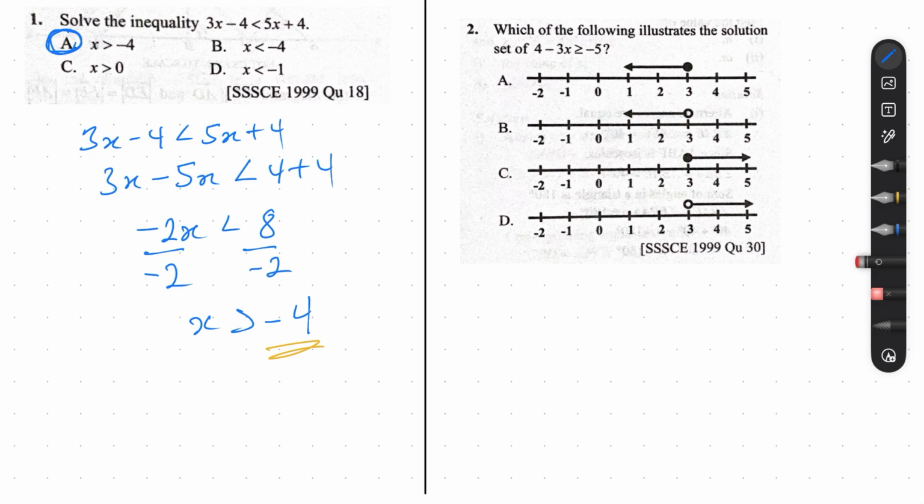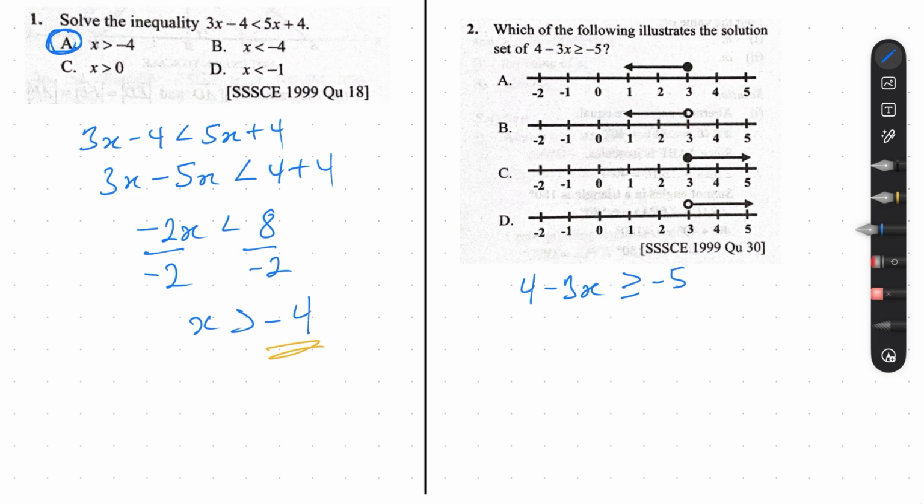Question number 2. It says, which of the following illustrates the solution set of 4 minus 3x greater than or equal to negative 5? So now we need to just find x, then we represent it on the number line. So let's find x. It says 4 minus 3x greater than or equal to negative 5, right?